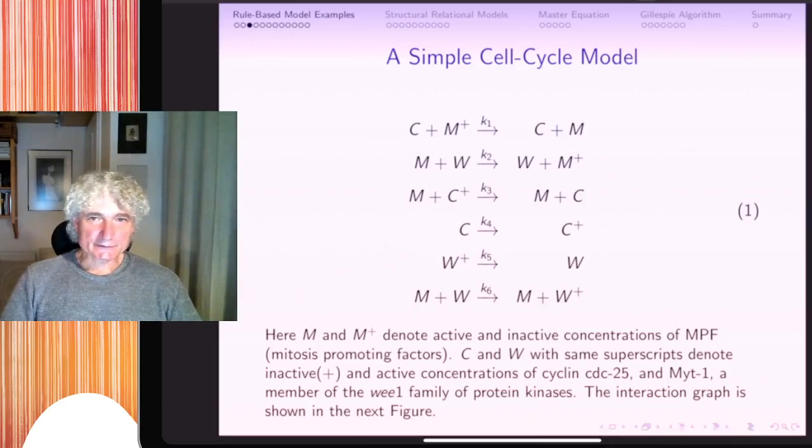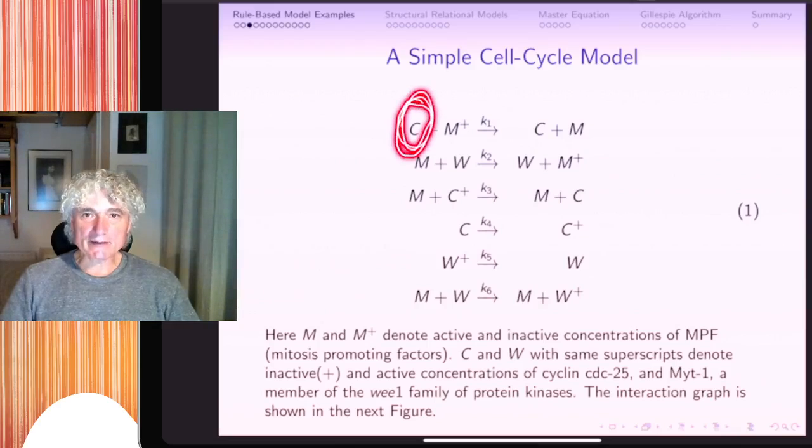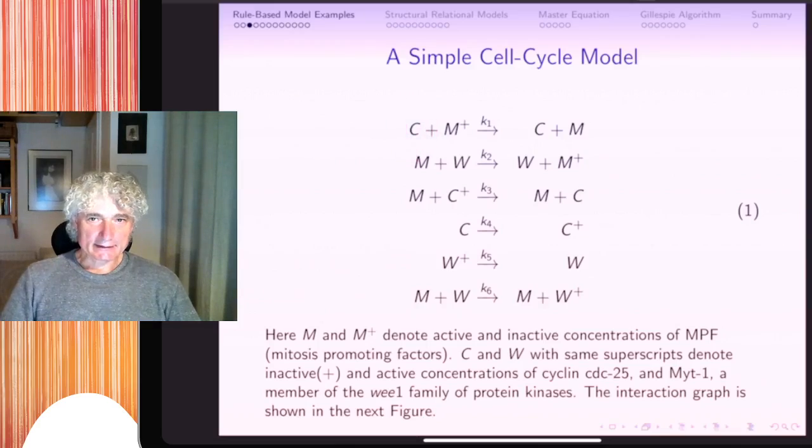What you could say here is that this is a rule where the cyclin is acting just as a catalyst. You see on the left hand side and on the right hand side that it's unchanged after the reaction, but there is just a deactivation from M plus to M after the event happened.